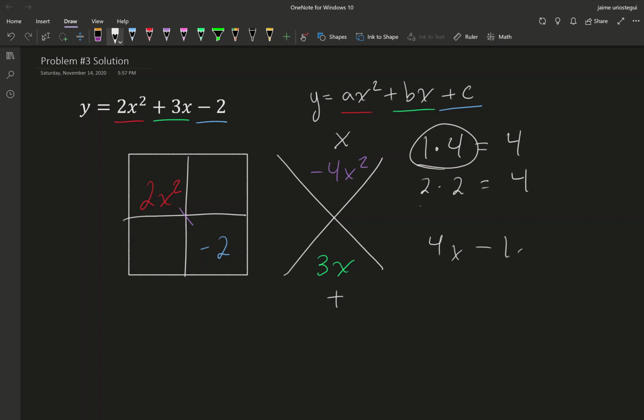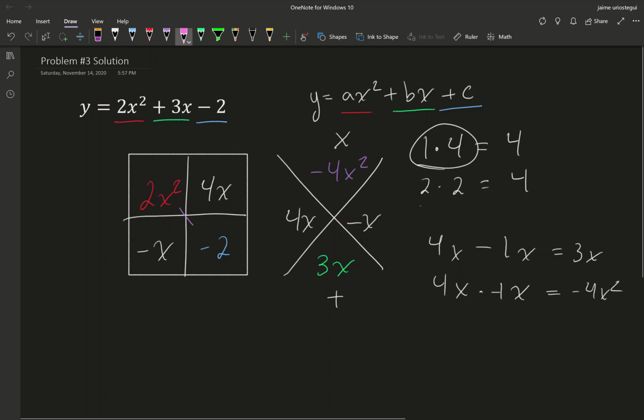So 4x minus 1x will give us 3x, and 4x times negative 1x is equal to negative 4x squared. So we're using 4x and negative x. I'm just going to write negative x instead of negative 1x because they mean the same thing. We're going to take those two terms we found and plug them in the box.